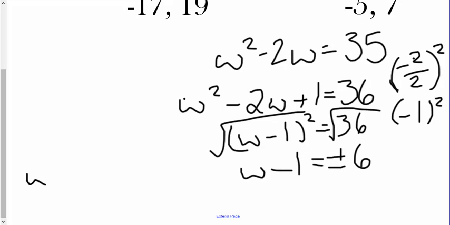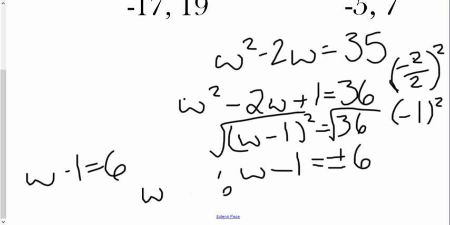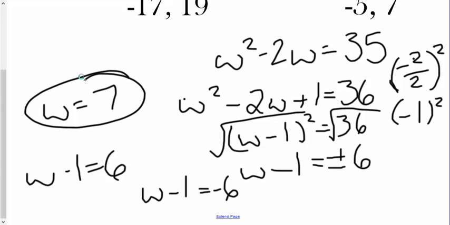So either w minus 1 equals 6 or w plus 1 equals 6. I don't know why I switched that. That's wrong. It would be w minus 1 equals 6 or, oh no. Okay, sorry about that. Or w minus 1 equals negative 6. So that would mean w equals 7 and w equals negative 5.